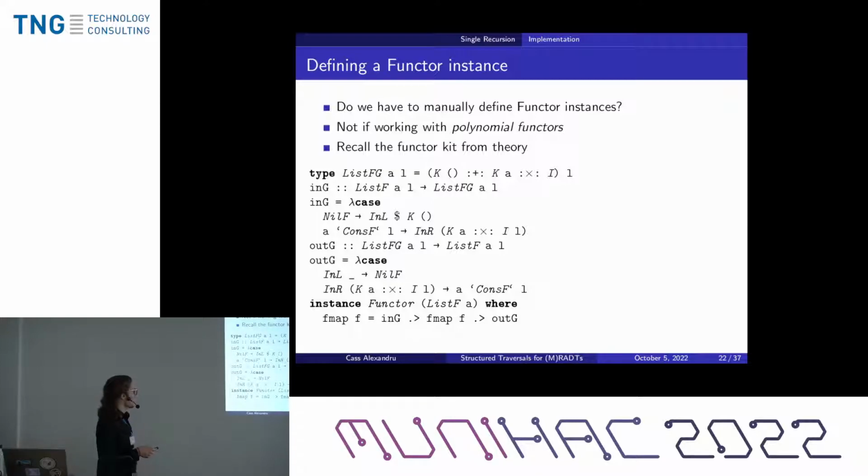Basically, we can get a functor instance by the fact that all of these constructors have a functor instance, and then we translate our native data type to this generic representation and back, and do the fmap on the generic representation.